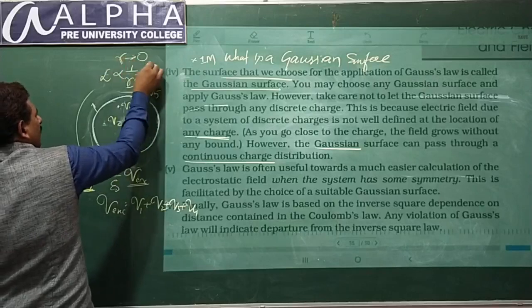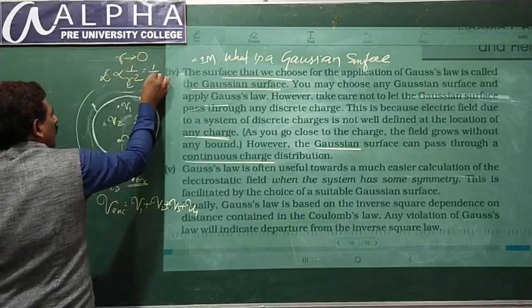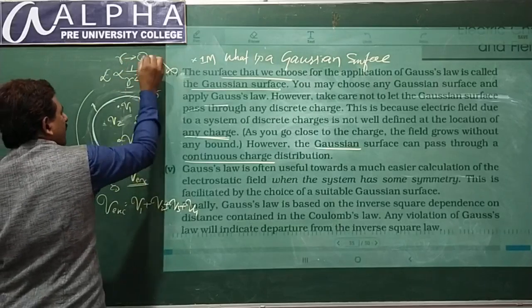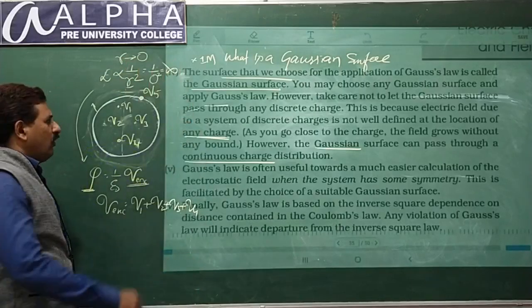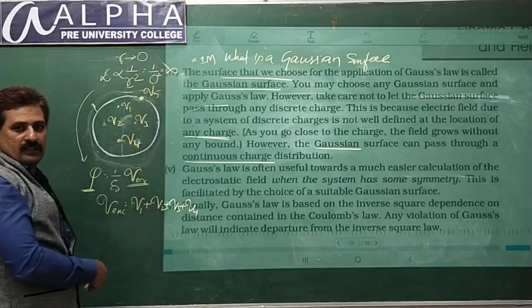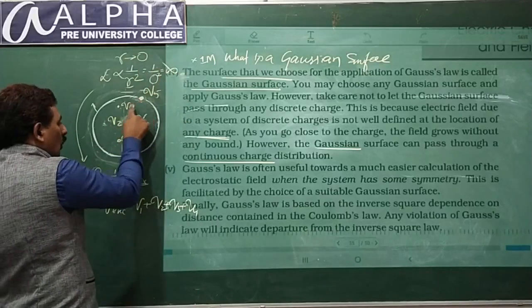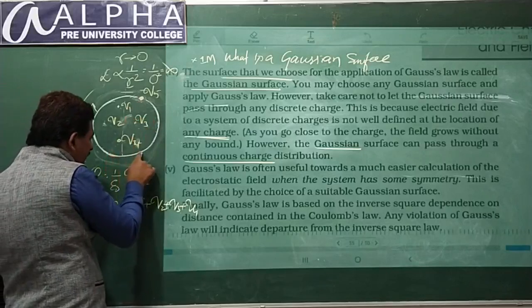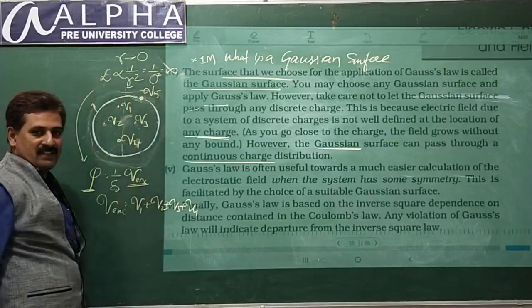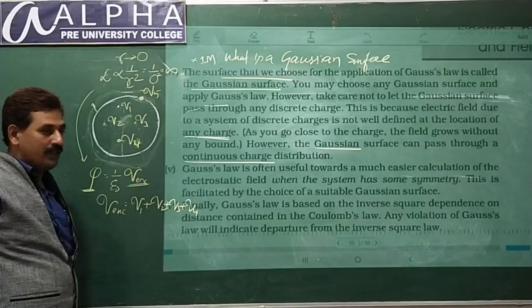What is the value when distance is 0? 1 by 0 square. 0 square is 0. What is 1 by 0? Infinity, not defined. So the electric field at this point is not defined. You cannot include that. That's why don't allow the Gaussian surface to pass through a charge, pass through a discrete charge, right? That is the point. You understand this?